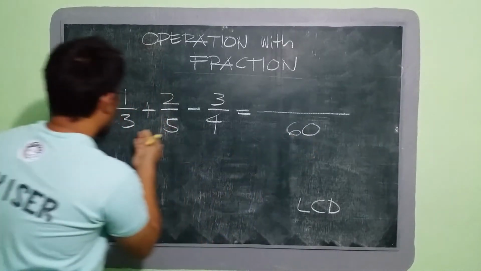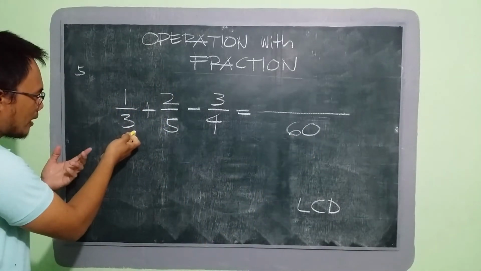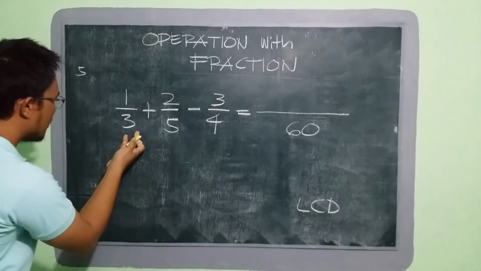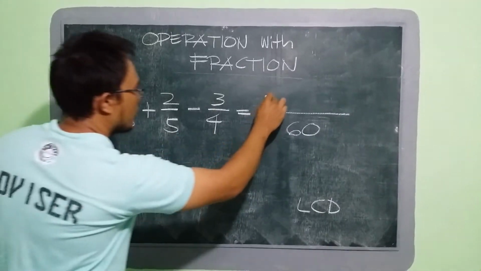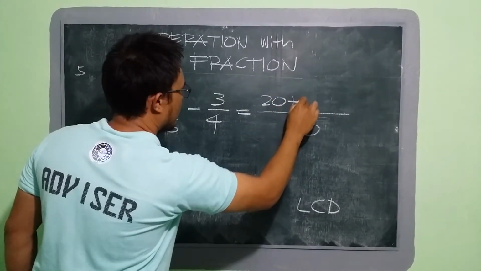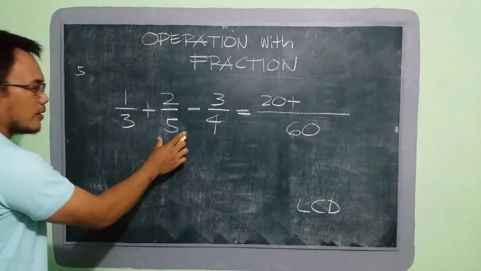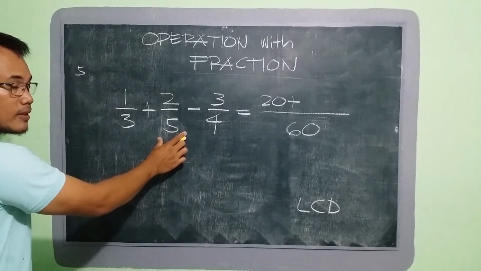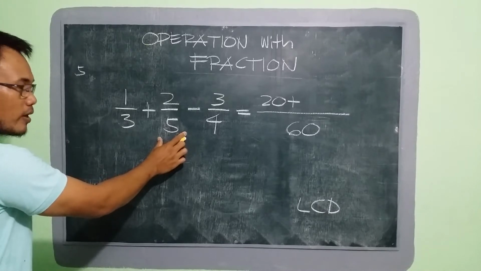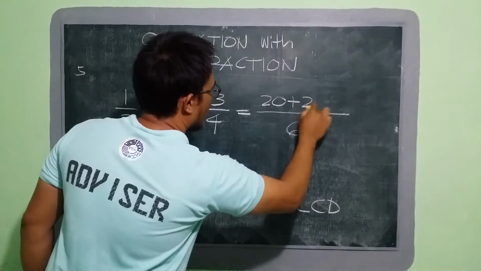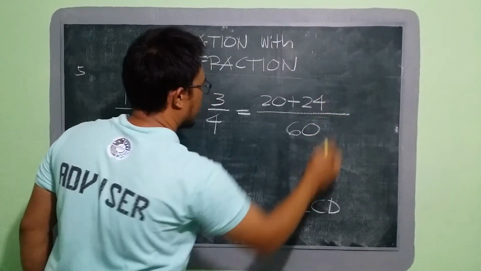Now, 60 divided by 3 is 20. Okay? 60 divided by 3 is 20 times 1, that is 20. Copy the plus sign. 60 divided by 5, that is 12, and then times 2, that is 24.